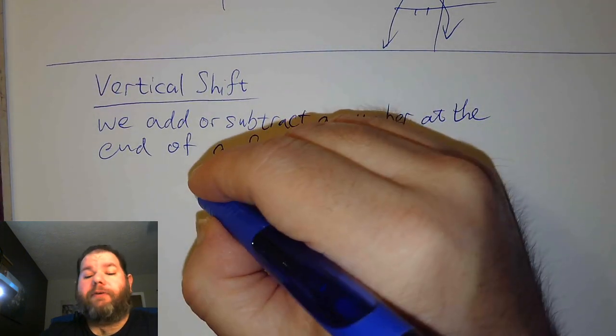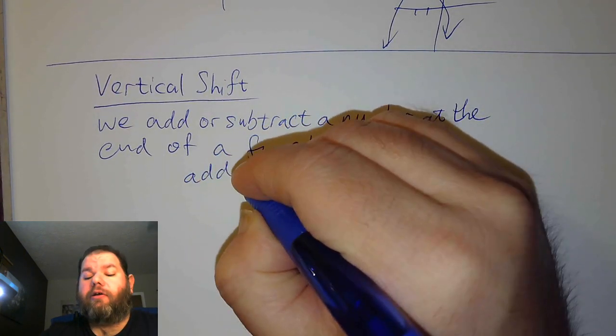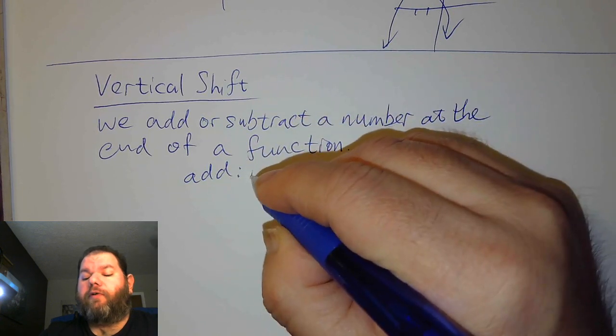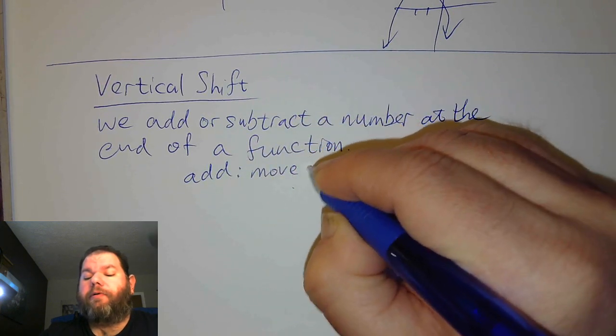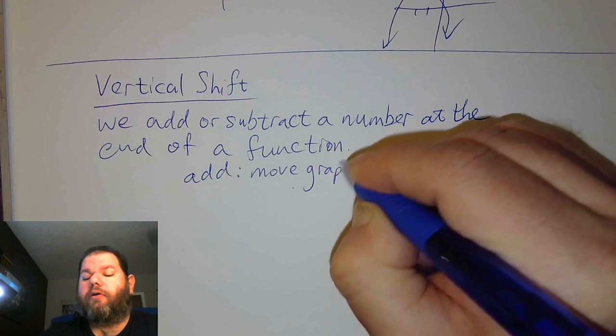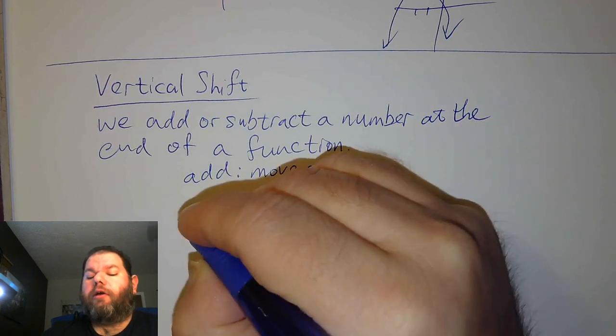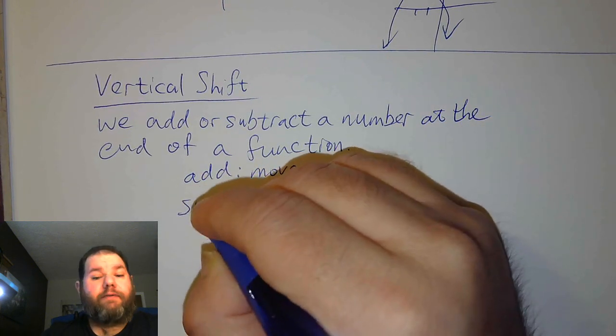If the number happens to be added, we move the graph up. And if the number is subtracted, then of course we'll move it down.